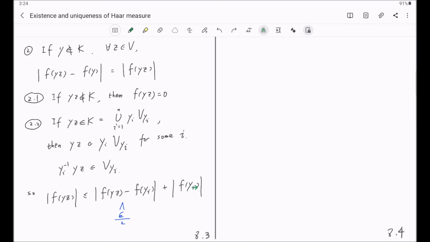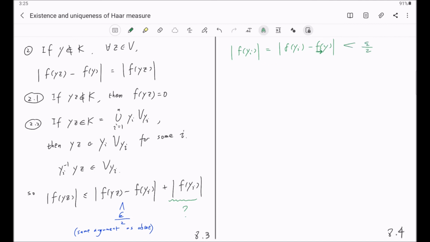The slightly tricky part might be this part. Why must this part also be less than half epsilon? This guy is less than half epsilon because the absolute value of f of y sub i is equal to the absolute value of f of y sub i minus f of y, and this guy is less than half epsilon.